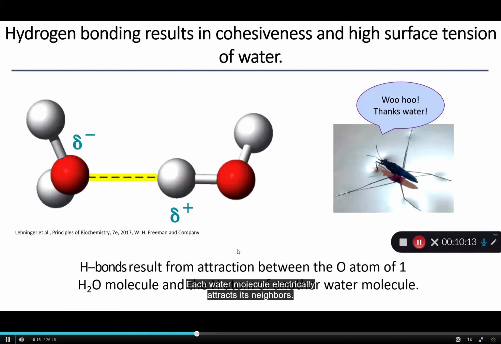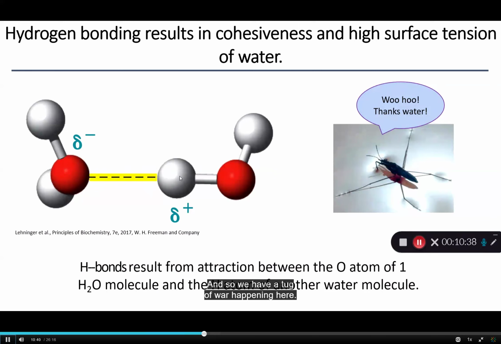Each water molecule electrically attracts its neighbors, and this makes water a sort of sticky medium. In liquid, these bonds are continuously forming and breaking. So there's a tug of war happening on all sides of a water molecule. We see the tug here between this oxygen and this hydrogen, but this bond is really transient. It will break very easily in liquid water since these molecules move around quite a bit.